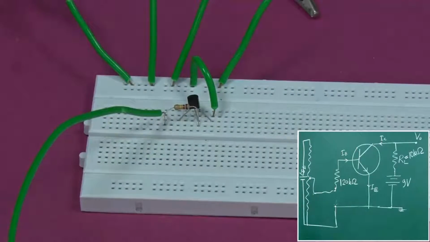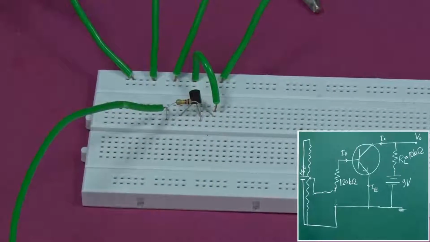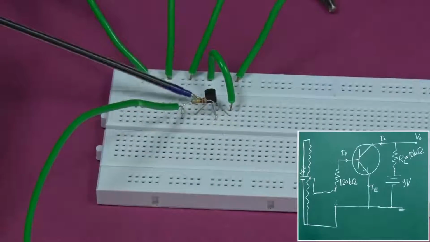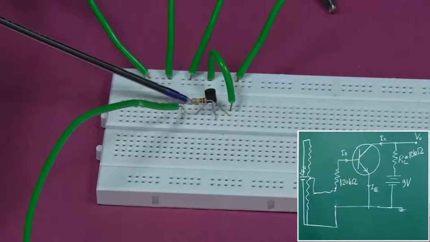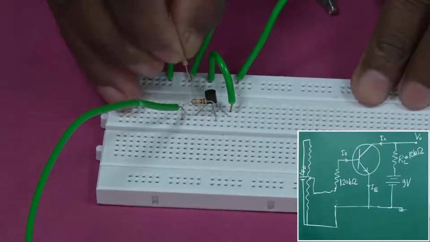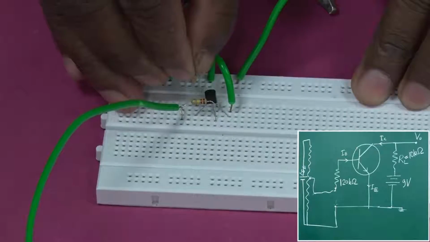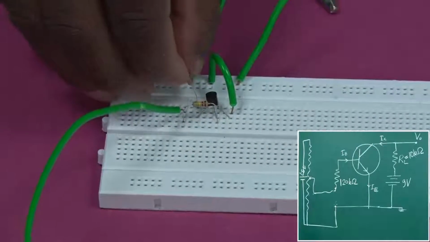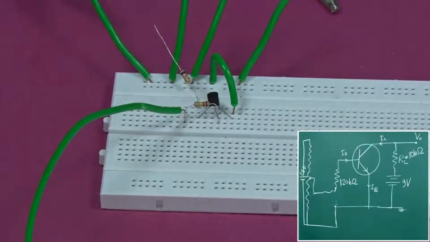Now, let us come to the collector part. From the collector we have to add a 10 kilo ohm resistance. So, where is the collector? Collector is here. So, in that same line you have to add a 10 kilo ohm resistance, and the 10 kilo ohm resistance should go to the 9 volt battery.